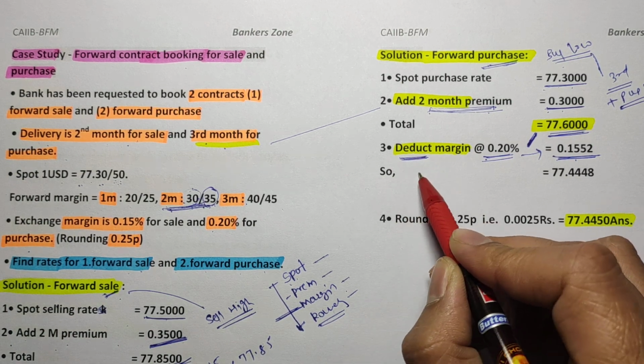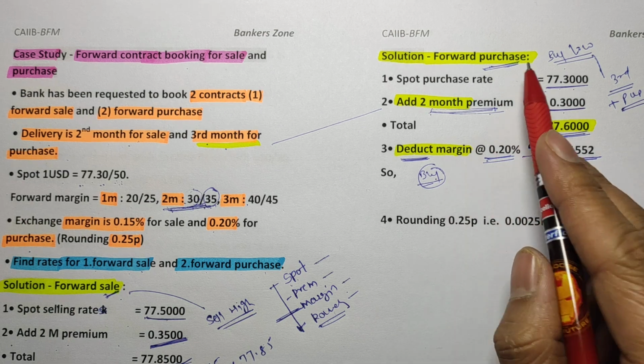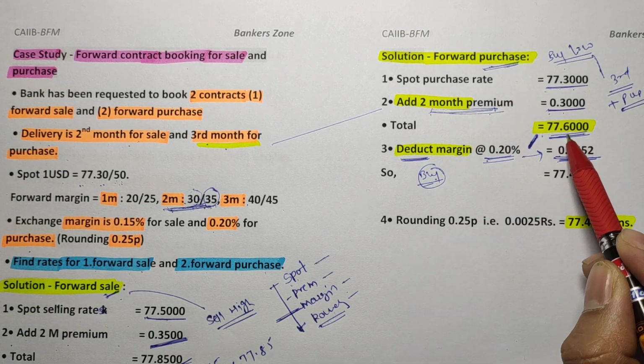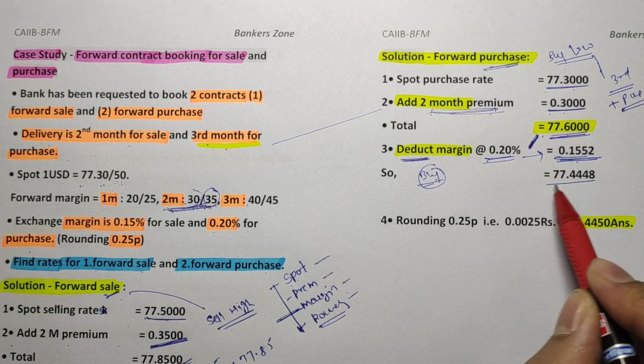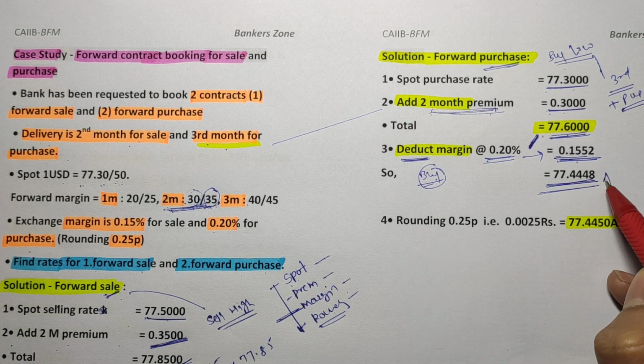Why? Because very simple, our principle is buy low, so subtract margin always in case of purchase. So 77.60 minus 0.1552, you will get 77.4448. That is your answer.